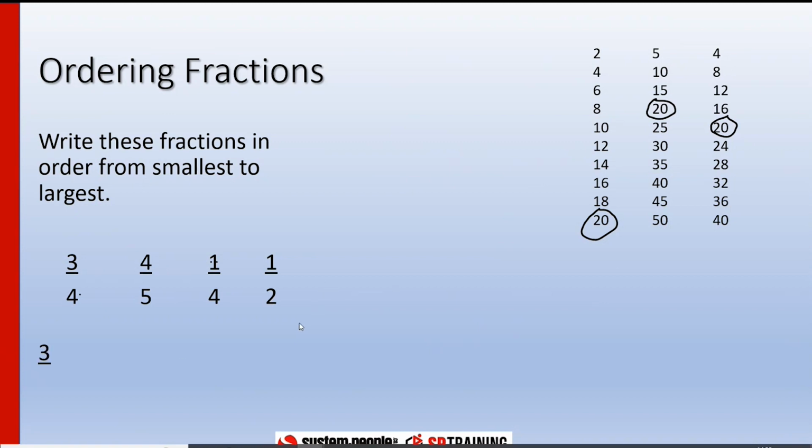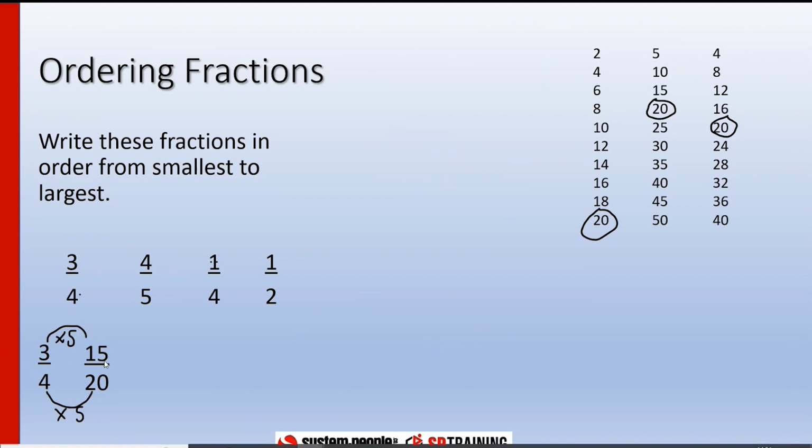So we're going to change each one into 20ths. So we're going to start with 3/4. We're going to change it into 20ths. I've done 4 times 5 to get to 20. So I'm going to have to do the same with the 3. I'm going to have to multiply that by 5, and we end up with 15/20.